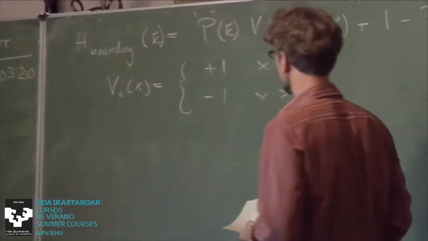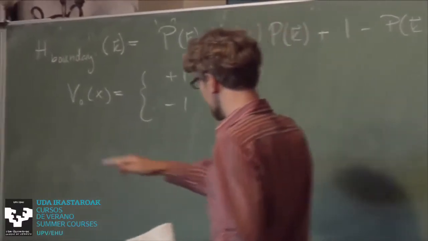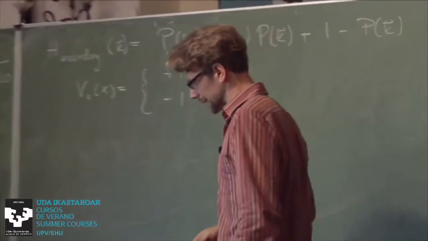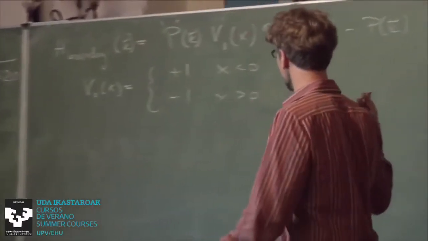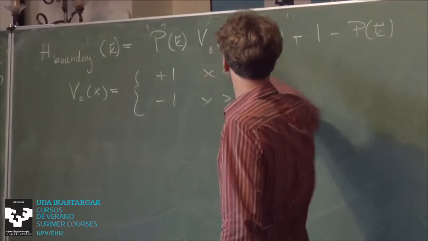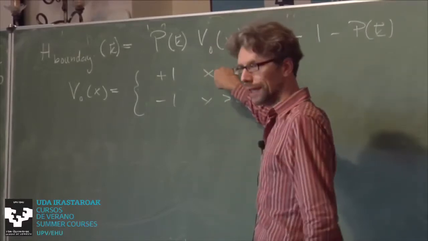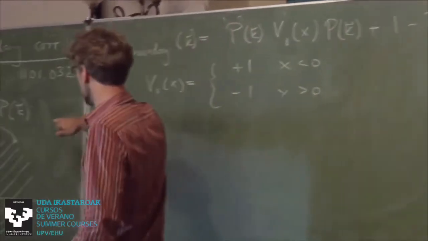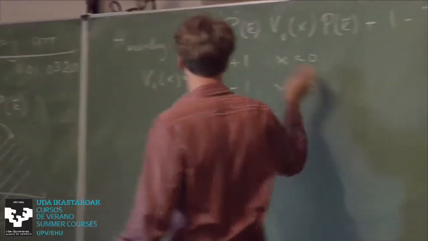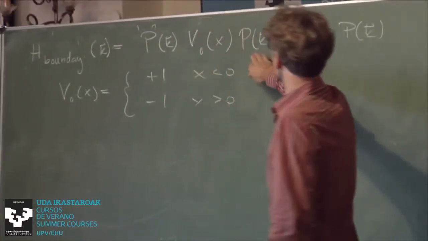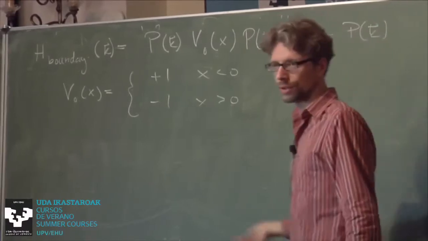So what have I written here? Why is this representing the system with a boundary? Very much on the right-hand side, we have 1 minus 2 times P of K. There's a projector, so P squared is equal to P. So we have this H flat, right? Very much on the right-hand side. And on the left-hand side, where this is +1, this P cancels out, and the Hamiltonian is just the identity.